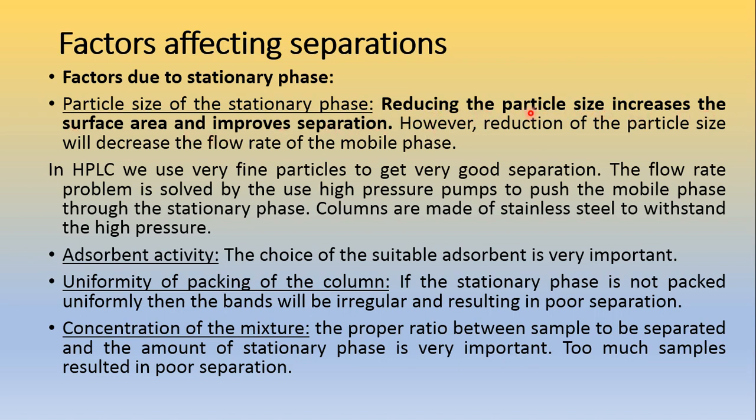That means if we reduce the particle size, then the mesh size of the column increases, meaning the pores per unit area in the column increase. So the mobile phase and stationary phase show more interaction, so the separation will be improved, or more efficient.